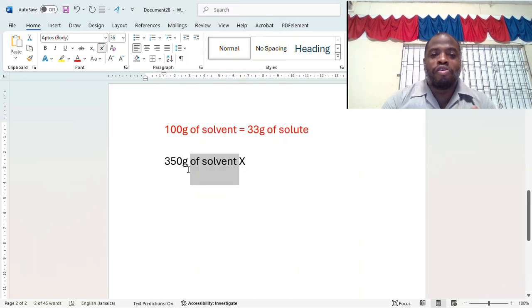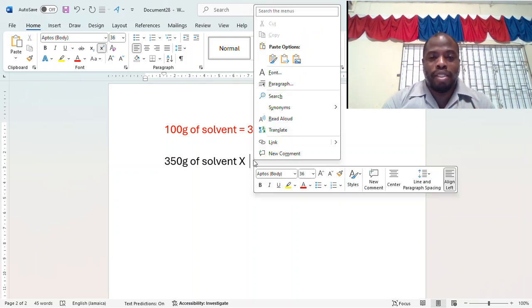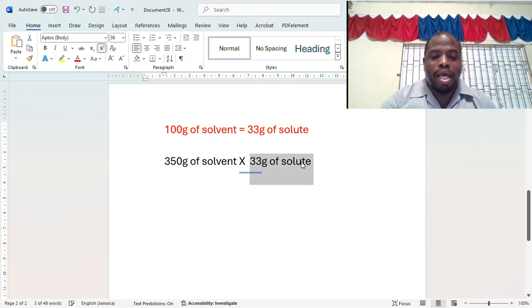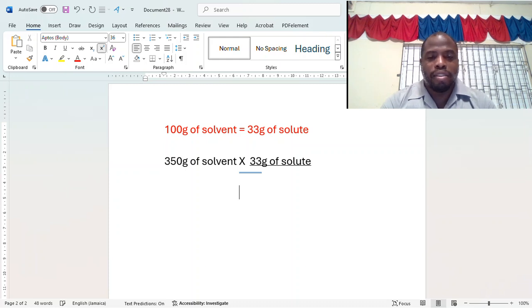So grams of solvent is going to be what we place as our denominator. So we have 33 grams of solute. That's going to be divided by the 100 grams of solvent.